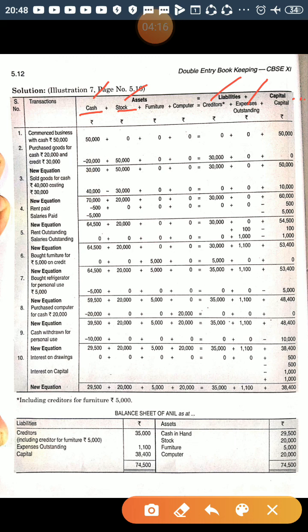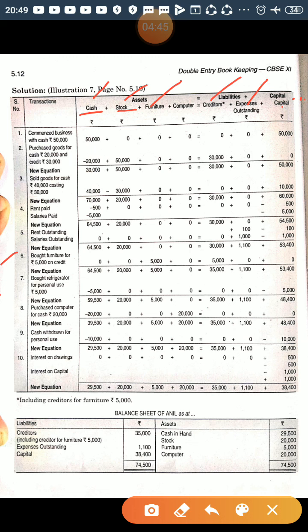In the same way, for salary outstanding, outstanding expenses we have already written and salary will be deducted from capital. Next transaction, sixth number, bought furniture for 5,000 on credit. So furniture is purchased on credit, meaning furniture and creditor are involved. Furniture you will write, as it is not yet written, and creditor is already written, so you will put that amount with the creditor.